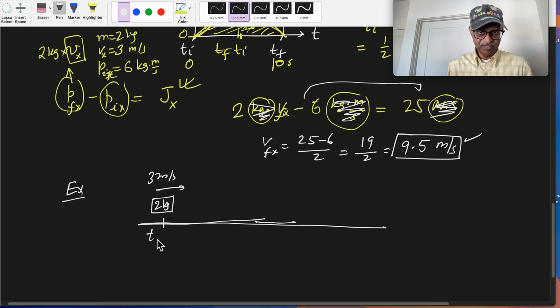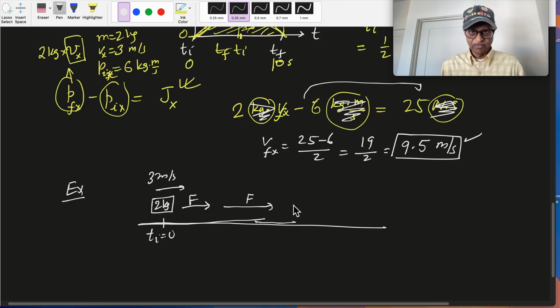Let's say Ti equal to 0 at this initial instance, and you put an increasing force, but at this point you suddenly have no force. You switch the direction. You say, I'm going to start to push back.